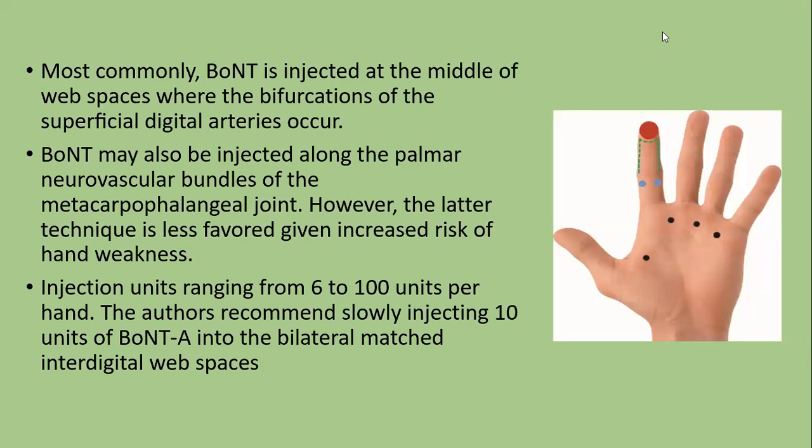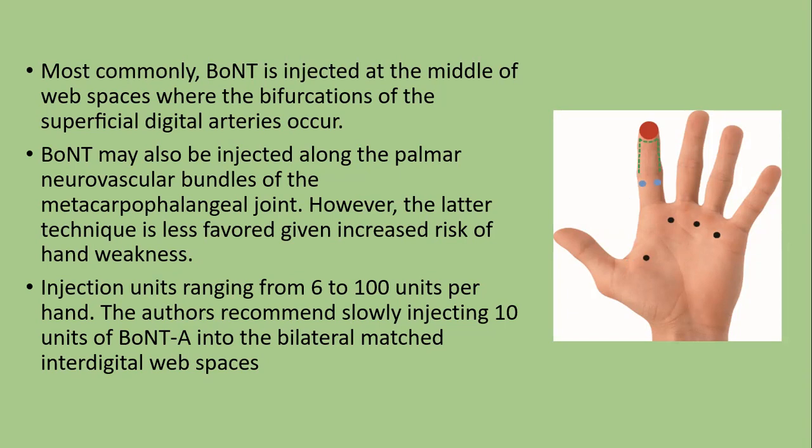Botulinum toxin is most commonly injected in the middle of the web spaces where the bifurcation of superficial digital arteries occurs. Botulinum toxin may also be injected along the palmar neurovascular bundles of the metacarpophalangeal joint.